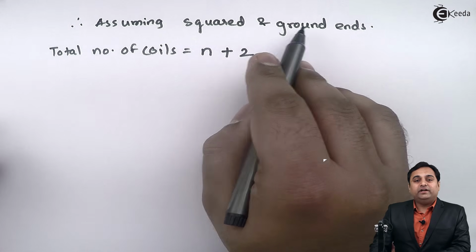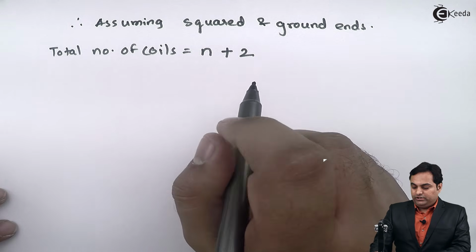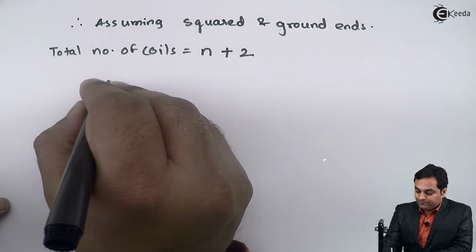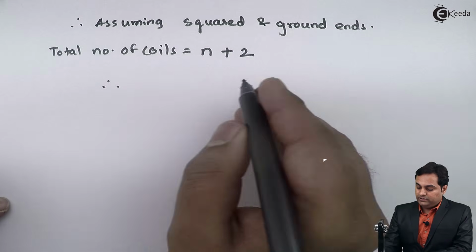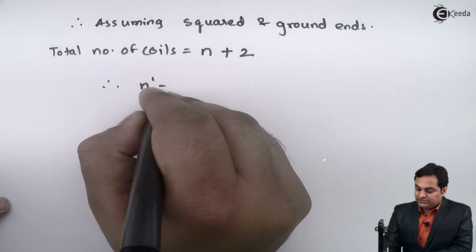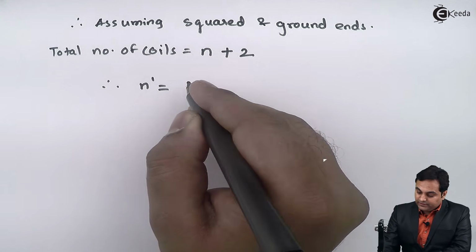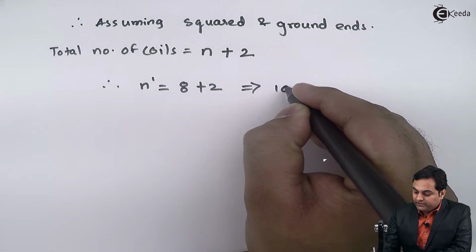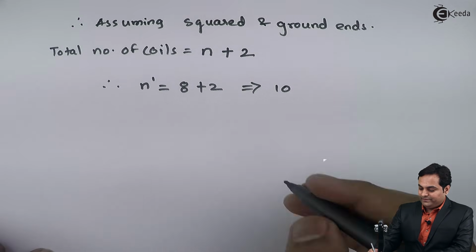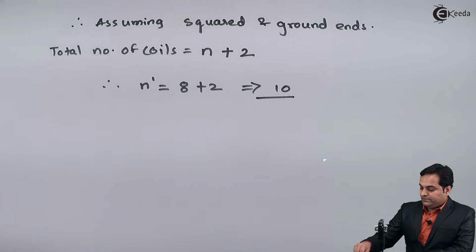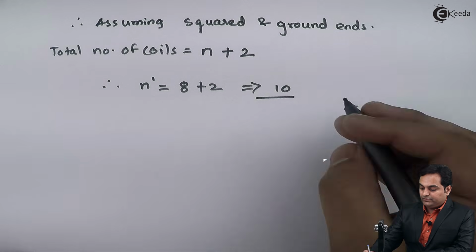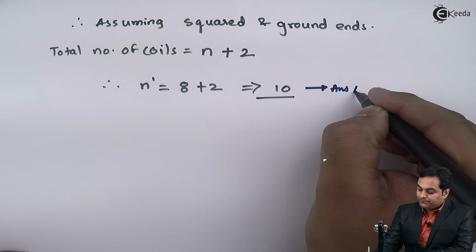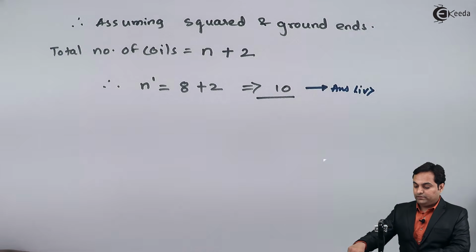When we are using squared and ground ends, then the total number of coils would be N plus 2. So therefore, total number of coils, I'll denote it by N dash, is equal to N, which is 8, plus 2. So the total number of coils required is 10. This will be the fourth answer for us.